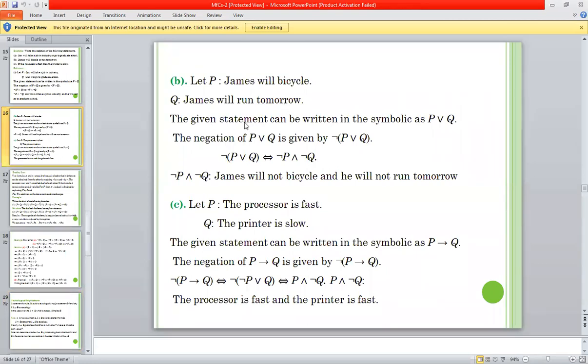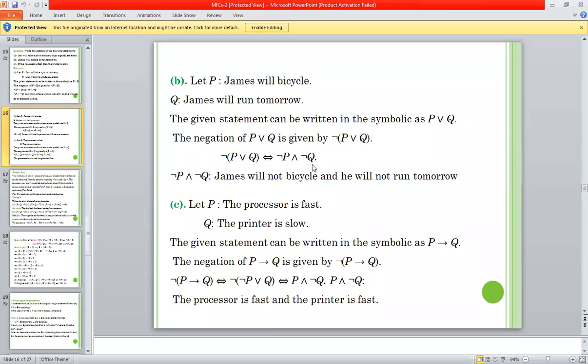The given statement can be written in symbolic form, where the connective word is "or", as P or Q. The negation of P or Q is equivalent to negation P and negation Q.